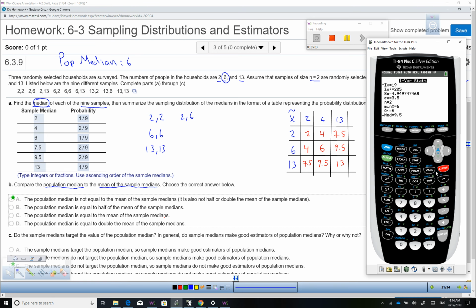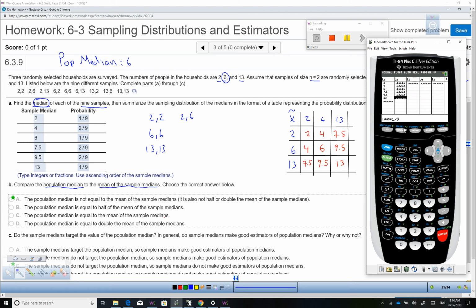We open the calculator, and again, we go to Stat, Edit, and just the same way we did it in the previous video, we set up the calculator: 2, 4, 6, 7.5, 9.5, 13, and on this side we type the probabilities: 1 over 9, 2 over 9, 1 over 9, 2 over 9, 2 over 9 again, and the last one is 1 over 9.